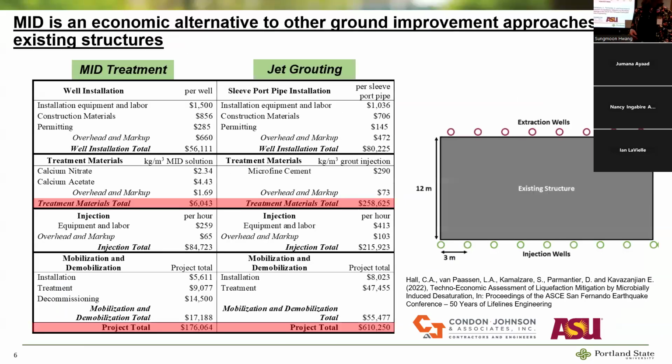Yeah, I'd have to go back and look. But it's probably factored into the equipment and labor per hour. So I remember from the carpenter that MIDP takes shorter, because you only need 1 pore volume.